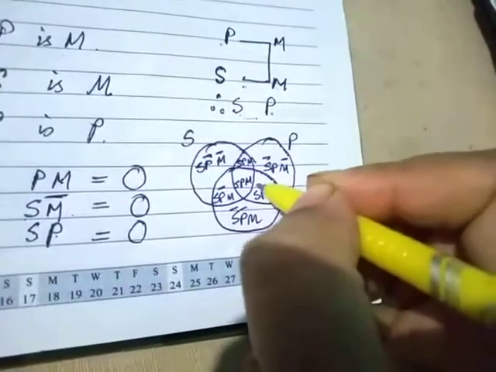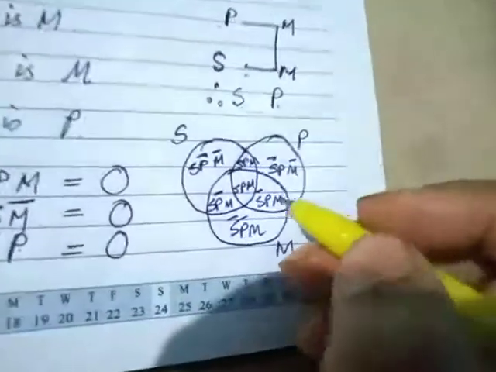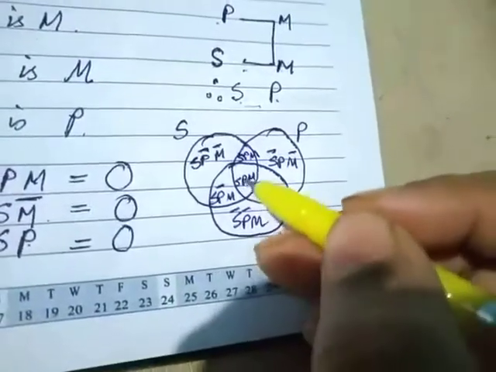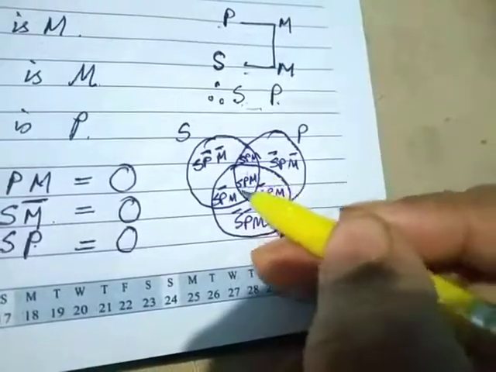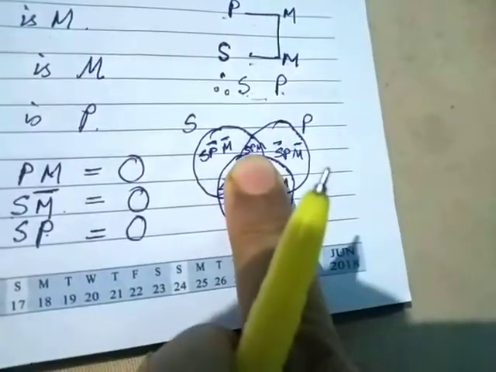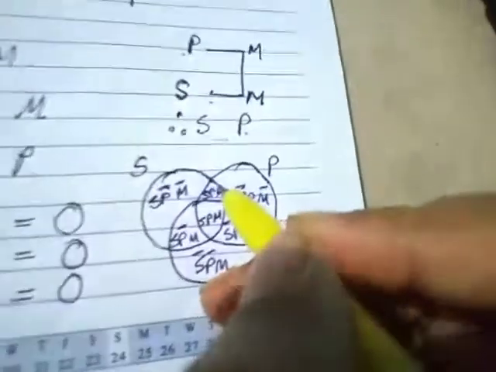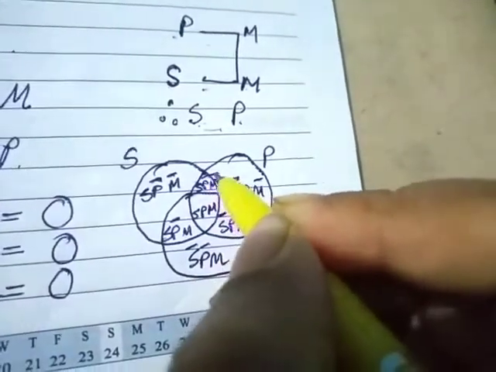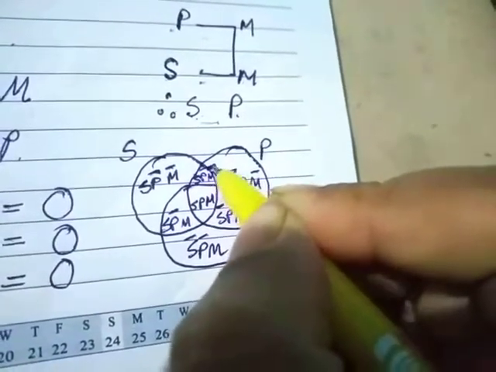So I will put a bar on S. In this section all the 3 are here, so I won't put any bar. And in this section S is there and P is there. You can see M is not there, so I will put a bar on the M, only on M.